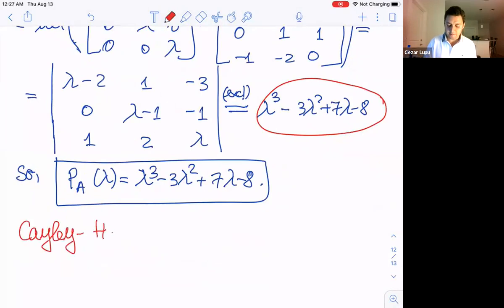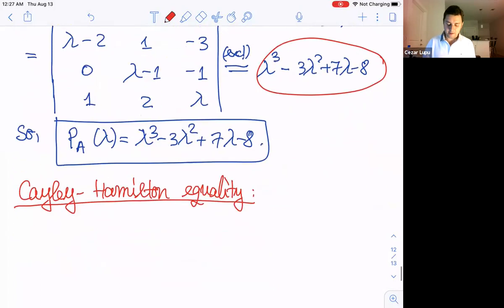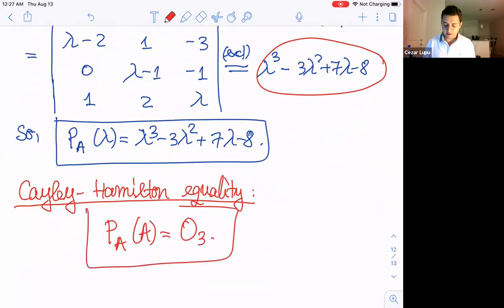The Cayley-Hamilton equality says the following, and we have seen it explicitly written for 2 by 2 matrices. It says that P_A of A is nothing else than just the 0 matrix. In other words, if we plug in the matrix A for lambda, we'll have the following.